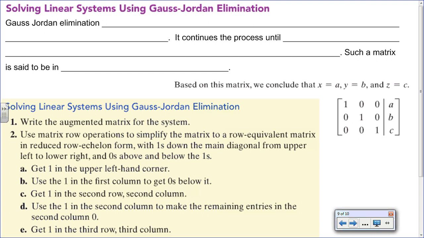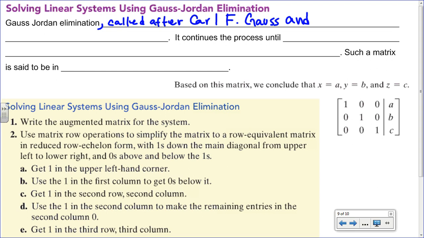Okay, so now let's move on to the other method, the Gauss-Jordan method. The Gauss-Jordan elimination is called after Carl Friedrich Gauss, and what's his name? I always forget his first name.